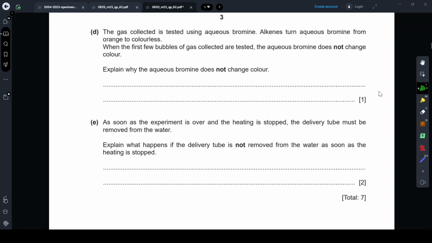So the gas collected is tested using aqueous bromine. Alkenes turn aqueous bromine from orange to colorless. When the first few bubbles of gas are collected, the aqueous bromine does not change color. Explain why the aqueous bromine is not changing color initially. They're talking about the first few bubbles.